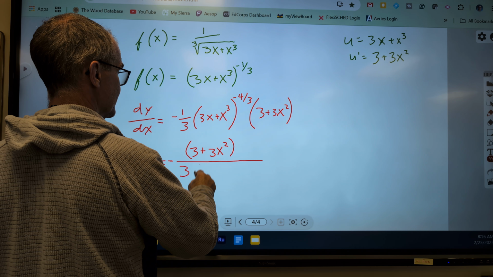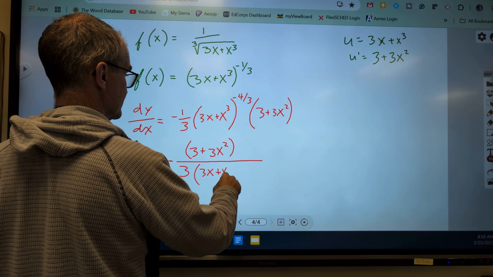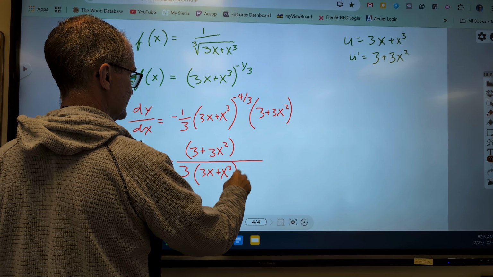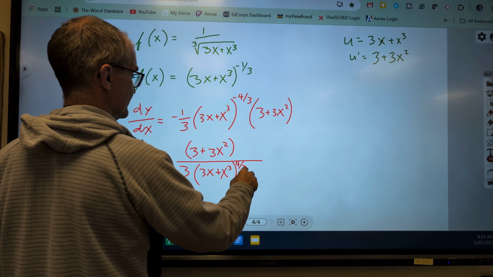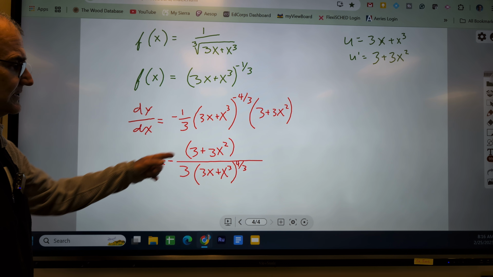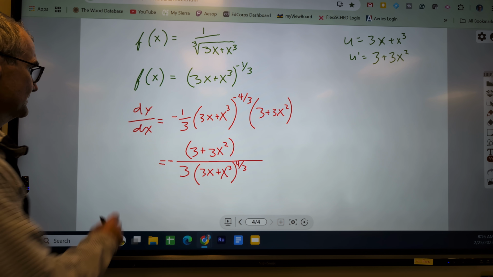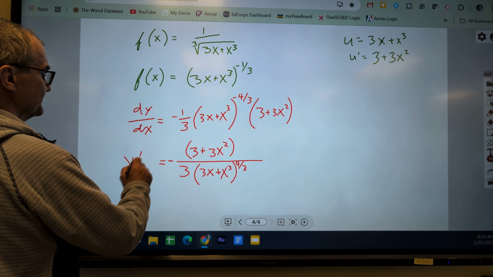So this whole thing down here is 3x plus x to the third, to the positive 4/3 power. I do see a common 3 in here and a 3 in the denominator, so I could pull that out and then cancel those. Remember, this is y prime.